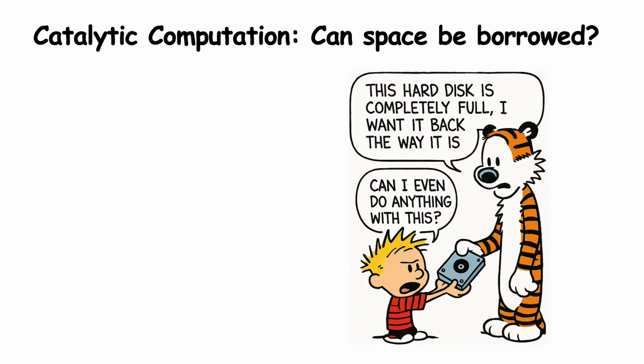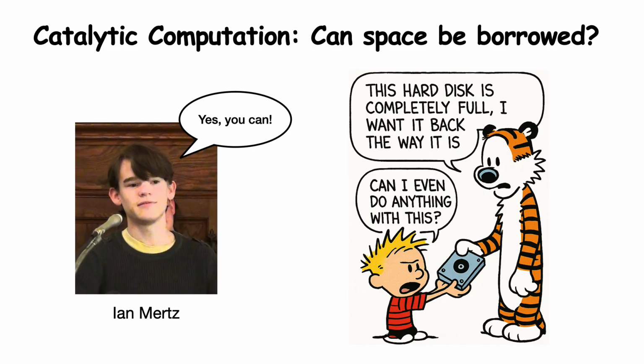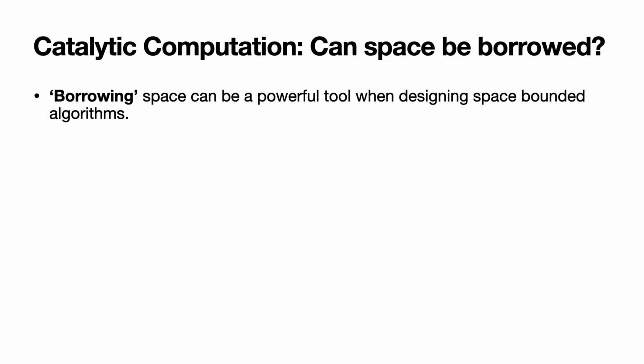Imagine that Hobbes is giving Calvin a hard disk which is completely full, and Calvin has to give it back to Hobbes exactly how it is. And Calvin is so confused about whether he can do anything with it. The point of catalytic computation is to tell you that you can do something with this hard disk.